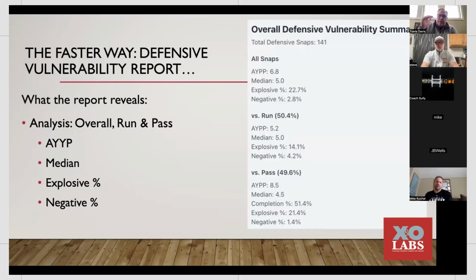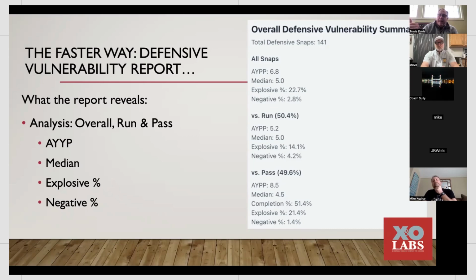There are two sections to the report. First you're going to see the overall defensive vulnerability. It lets you know how many defensive snaps are in that data set. It doesn't count defensive snaps that had penalties, things like this. It's just looking at the defensive snaps that are there. It's going to tell you overall what that defense gave up: average yards, median yards, explosives, negatives.